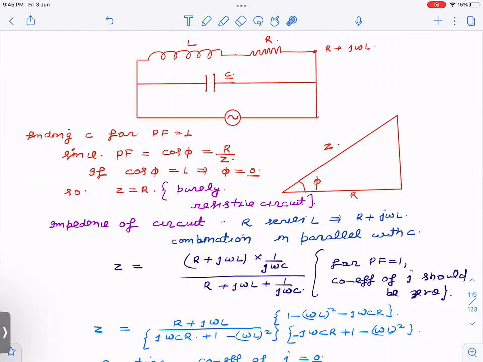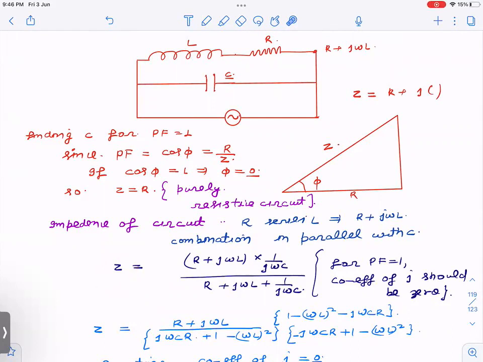For unity power factor, the coefficient of j should become 0, right? Because when you get Z in the diagram as R plus j something, that something is the coefficient of j. If this is 0, the coefficient of j should be 0 in the impedance, not in the power factor. So that is what we have to do.